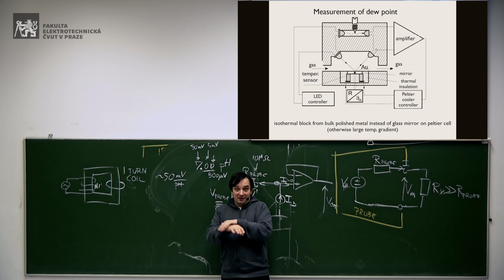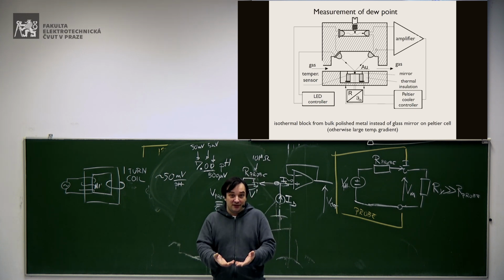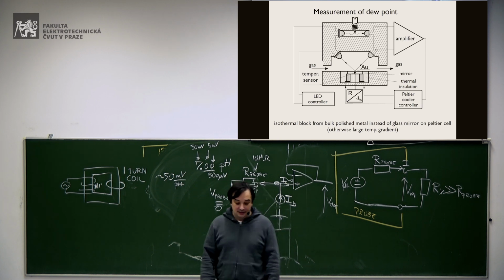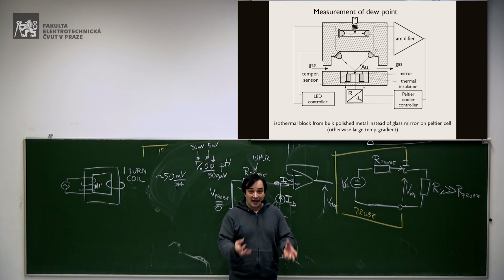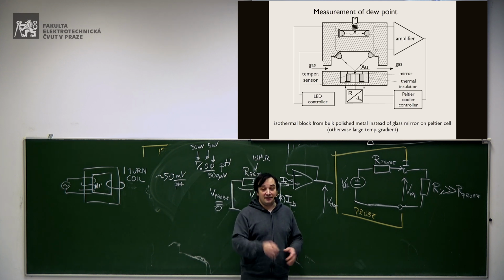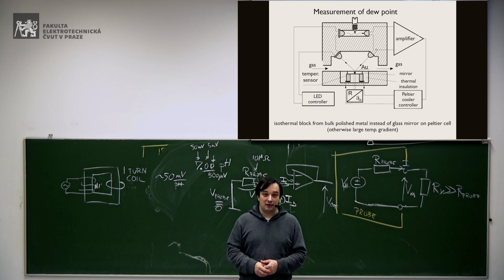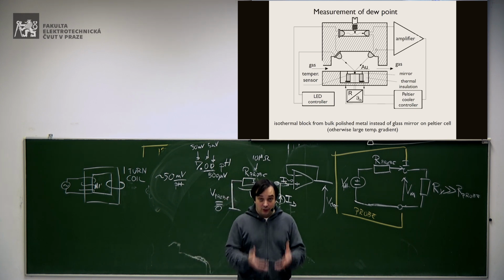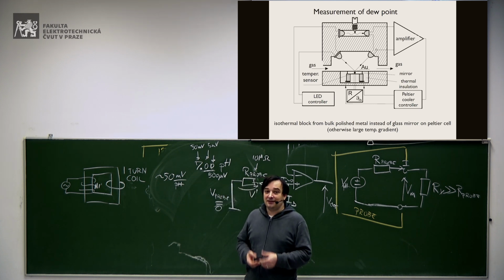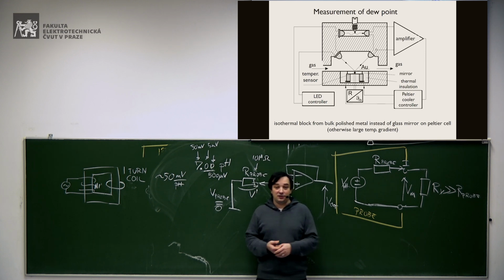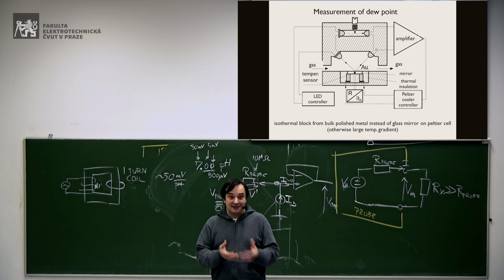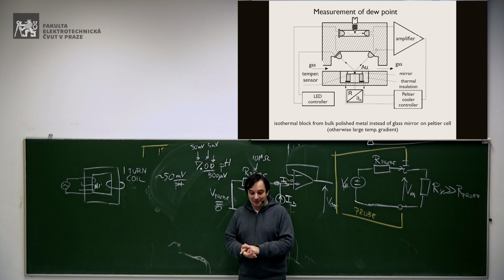And when you see that the light is not reflected anymore, you know that you cooled down to the dew point, and that is the dew point temperature for that humidity. So you directly measure the temperature where you achieve the dew by creating the dew itself. There is nothing more direct than this measurement.